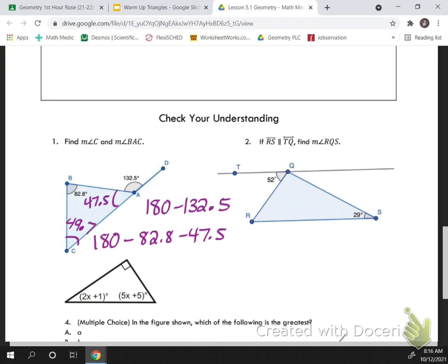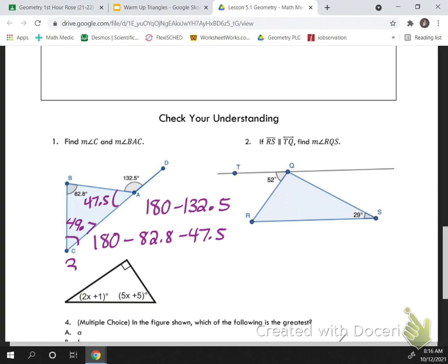Cool. Do we see how we use the angle relationships to figure that out? Not so bad. The three angles in a triangle add up to 180, and use your line, or you can use the exterior angle theorem. Right now, you're going to do 2, 3, and 4.